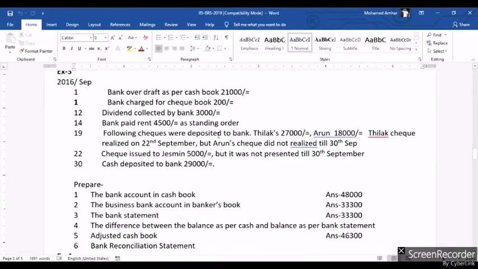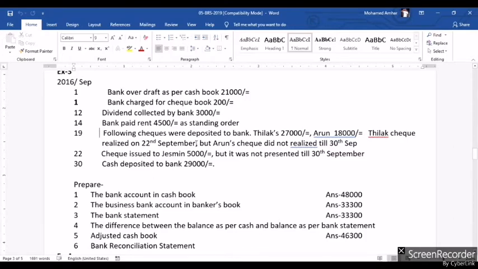Next date is 19. The following checks were deposited to the bank: Tilak's 27,000, Arun's 18,000. Tilak's check was realized on 22nd September, but Arun's check did not realize till 30th September.